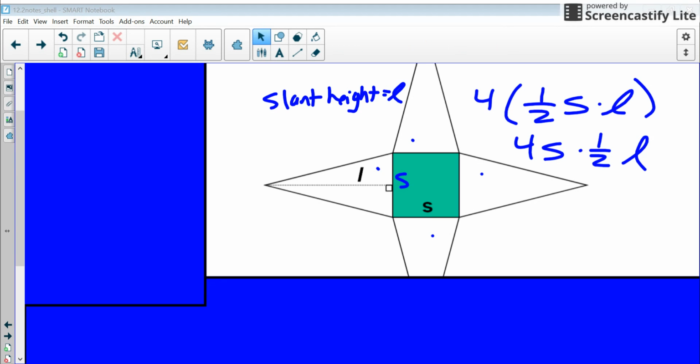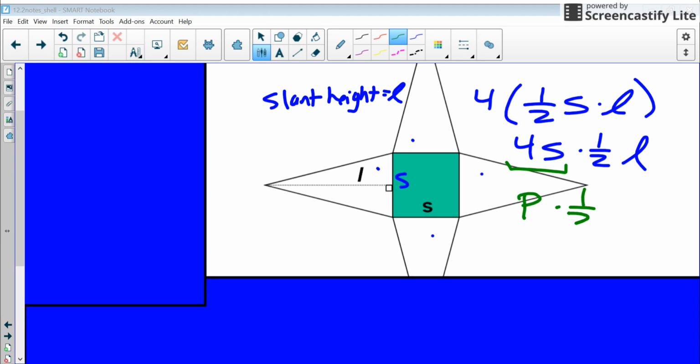And if you look at 4S, that is just the perimeter of our base. Okay? So we could also think about this as the perimeter of our base times 1/2 our slant height. And that's the formula that we're going to use for our lateral area.